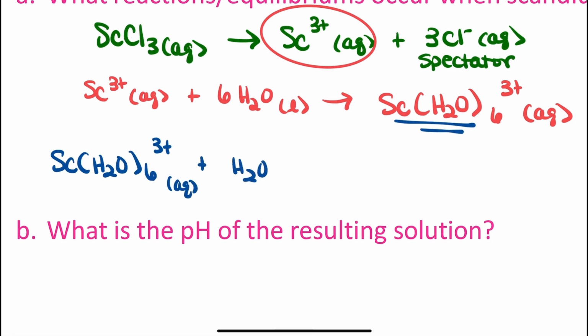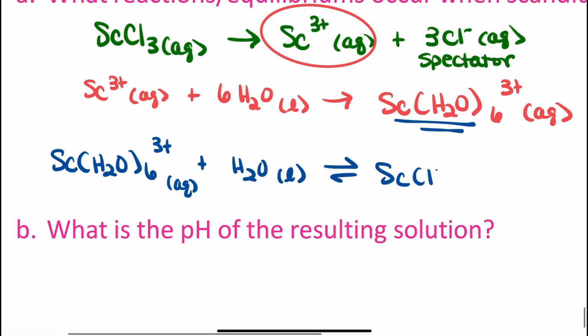So this is aqueous plus water. This is an equilibrium, because once it loses that proton, it can go back and steal one back from another hydronium.